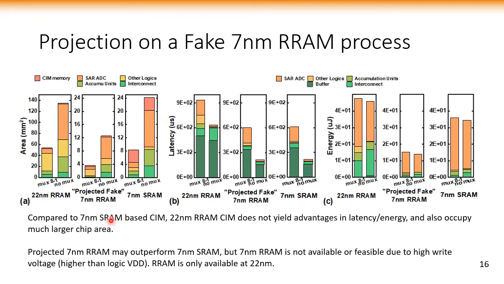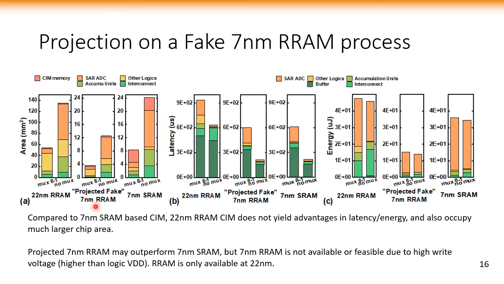This is because the computing memory has a lot of peripheral circuits. If we stay with the 22nm process, then the bottleneck will be the peripheral circuits. We cannot unleash the potential of the RRAM technology.